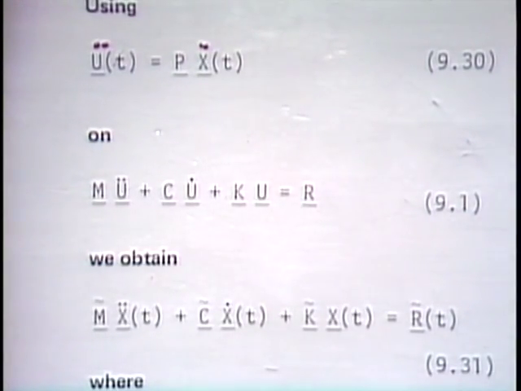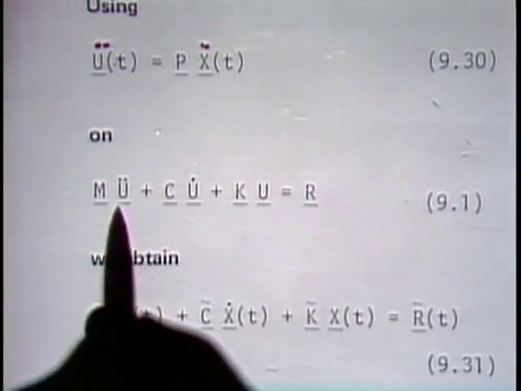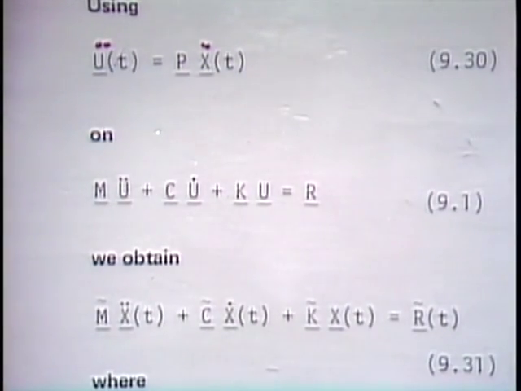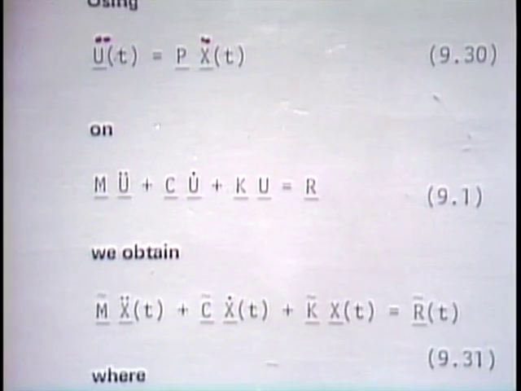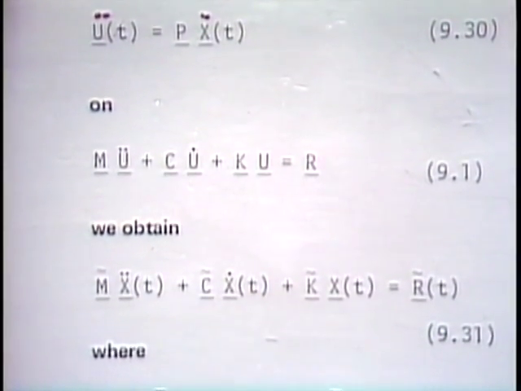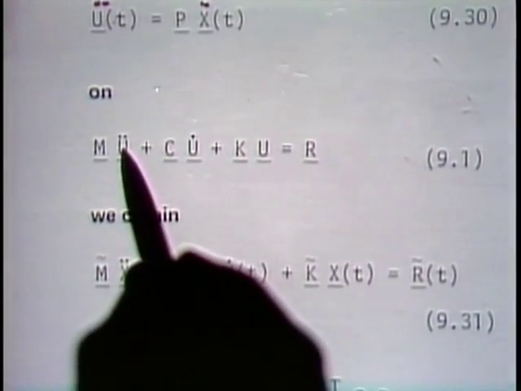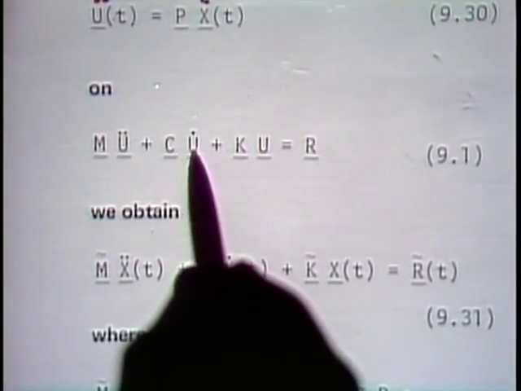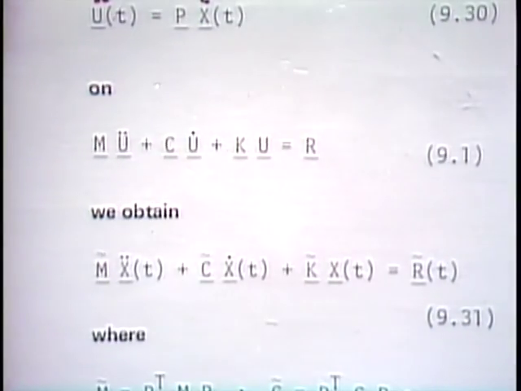If we then substitute for u, u dot and u double dot, in other words for the displacements, velocities and accelerations, into this equation, we obtain this equation, provided, and now there is one additional step, after the substitution we also pre-multiply the total equation by a P transposed.